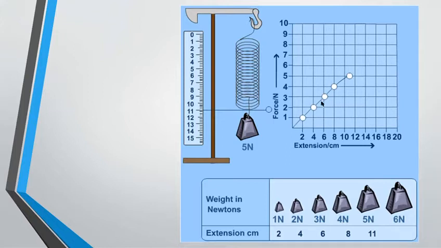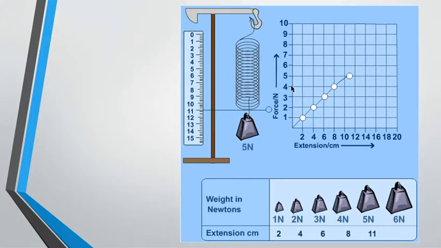Where the extension is not the same as in the previous cases, showing more extension by increasing the same force, this point is known as the limit of proportionality.